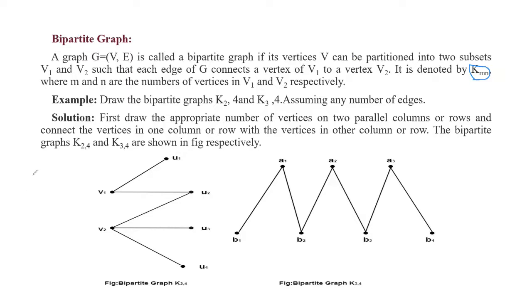V1 contains the vertices which are not connected to each other. So here V1 and V2 are not connected to each other.